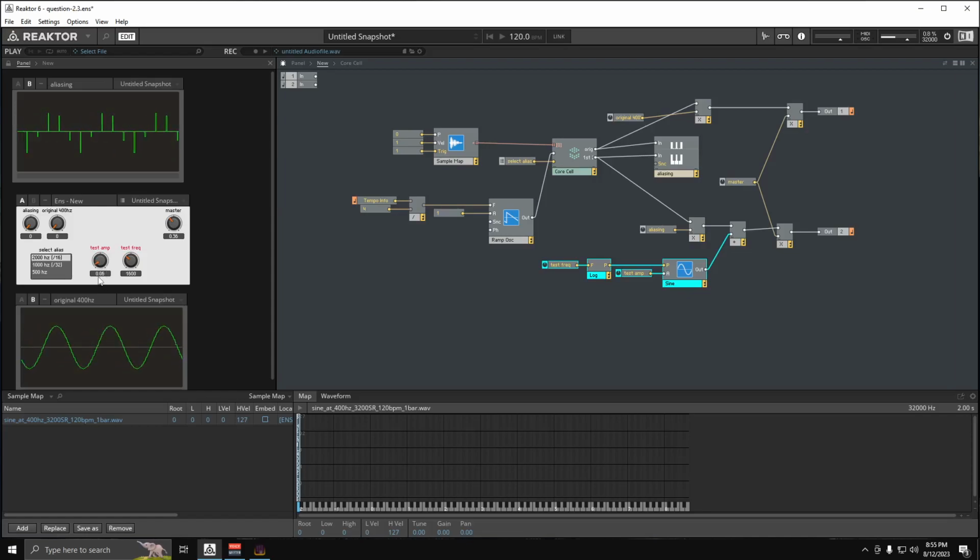If I play this test sine wave with the aliased one, you see they sound pretty similar. Also, I can change the aliasing: instead of 2000 hertz, I could go to 1000 hertz or 500 hertz.